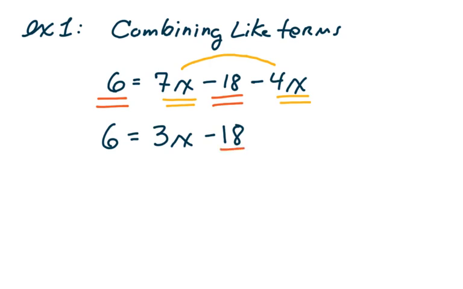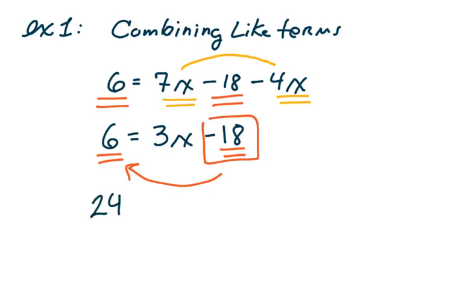I still have my whole numbers that I need to combine. So in order to get this 18 onto the other side, I'm going to add 18 to both sides. If I add 18 to both sides, I get 24 is equal to 3x.